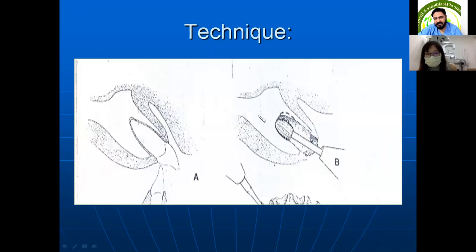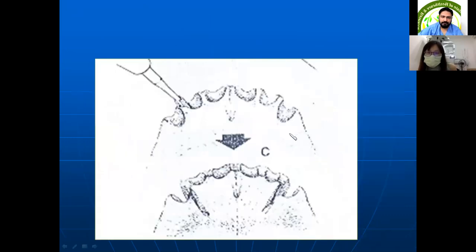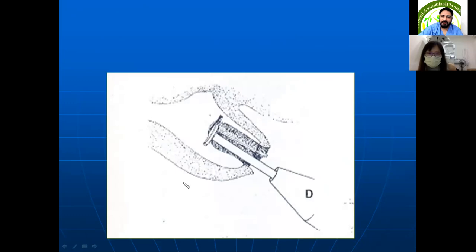After extraction, with a burr we reduce the inside of the lingual cortex. We may have to take some cuts also so that we can fracture the lingual bone, sometimes with a disc burr.